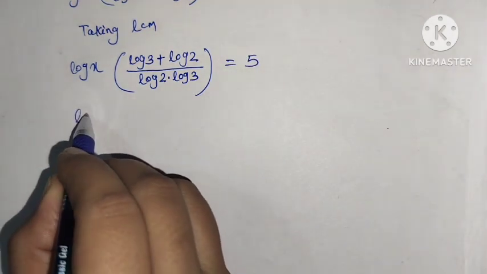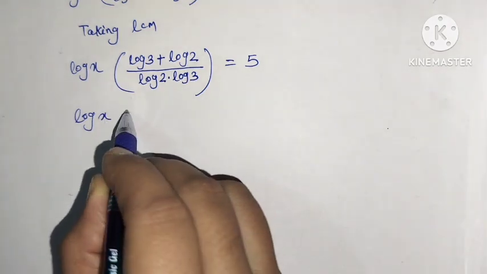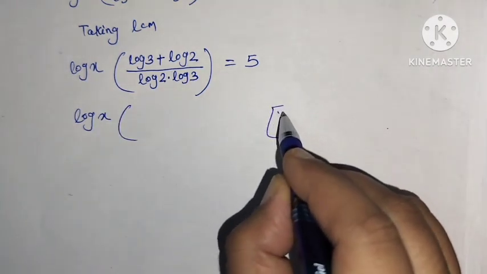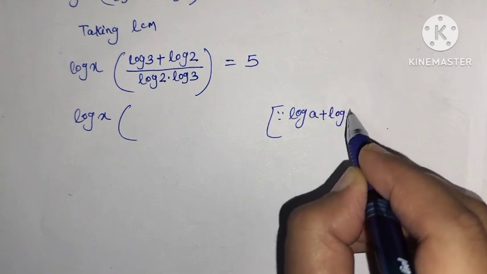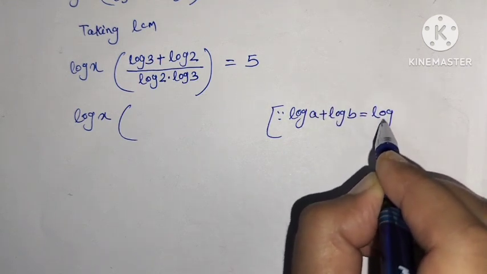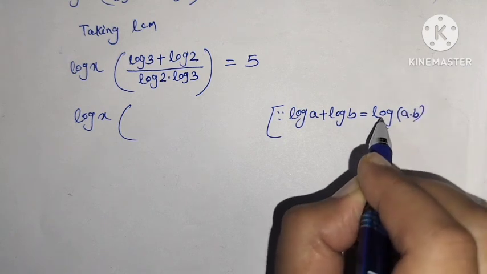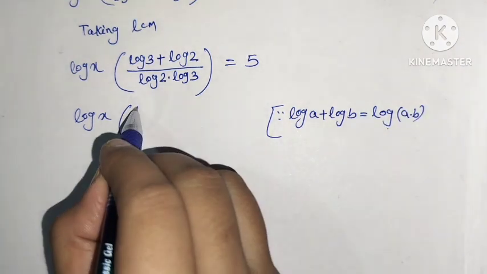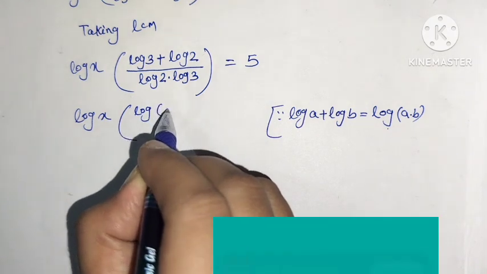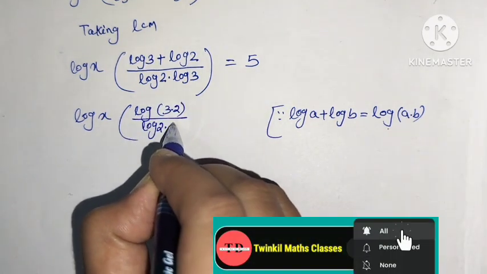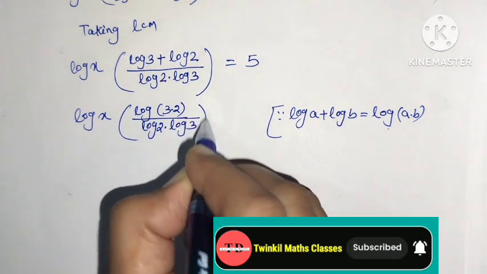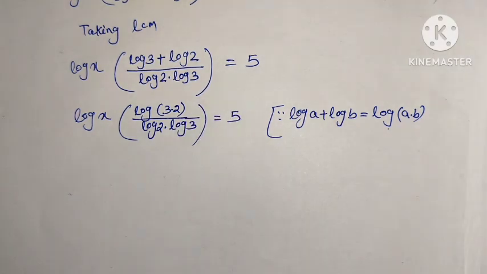Then we know another one: log a plus log b is equal to log a into b. Same thing, log x into log 3 into 2 divided by log 2 into log 3 is equal to 5.